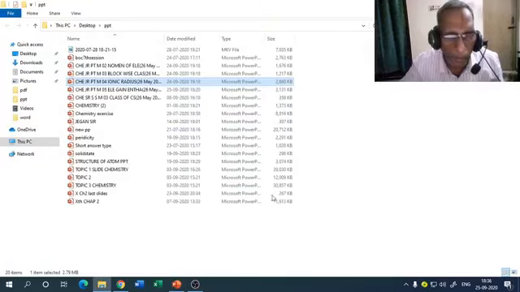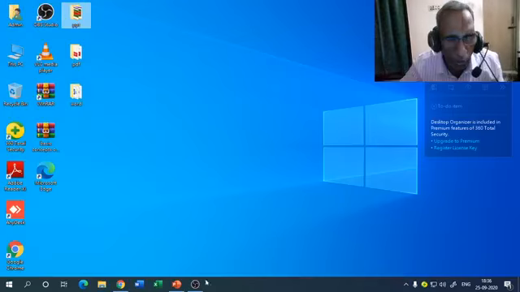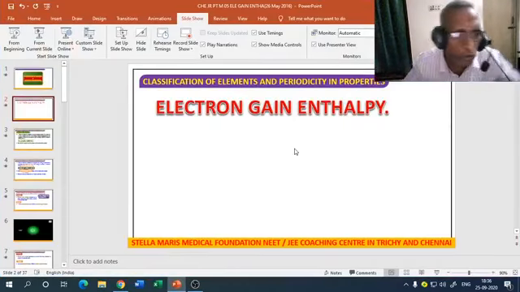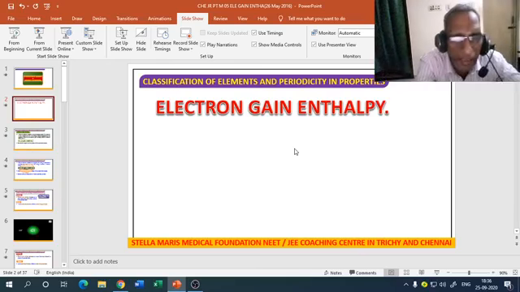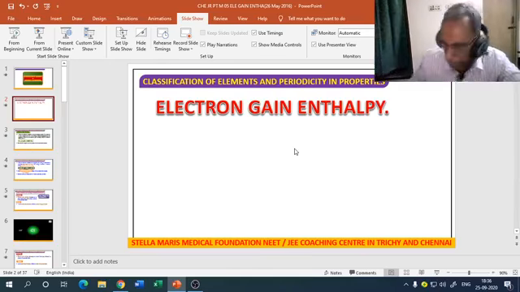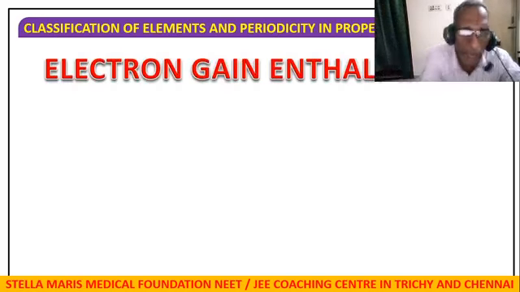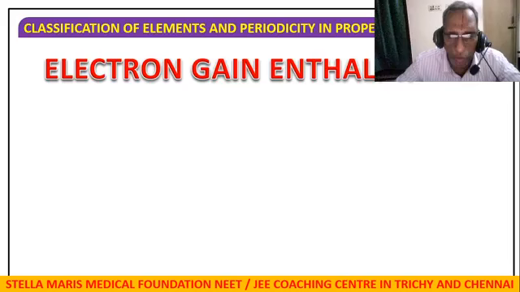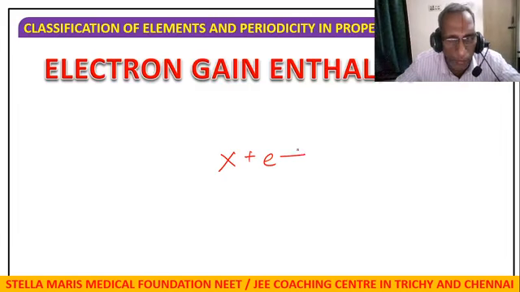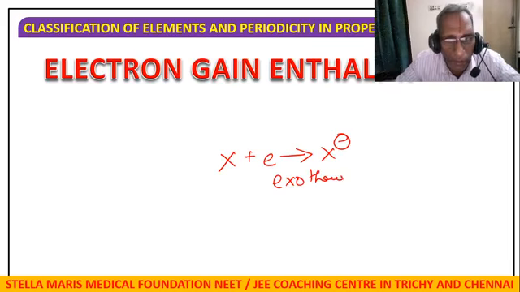Now let us move to the aspect of electron gain enthalpy. So the last two important properties we have to study today. Energy is released when, for example, you have an element and you add an electron, it becomes negatively charged. This process is generally exothermic, generally, not everywhere. It means that it releases energy.